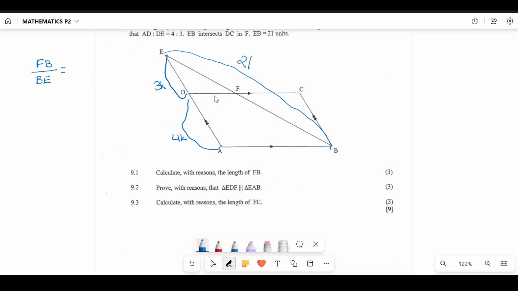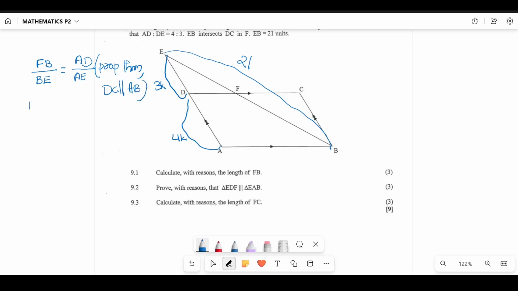So because of the parallel lines, FB corresponds to AD divided by BE corresponds to AE. We can write it only because of the parallel lines. So we are applying the prop theorem, because DC is parallel to AB.